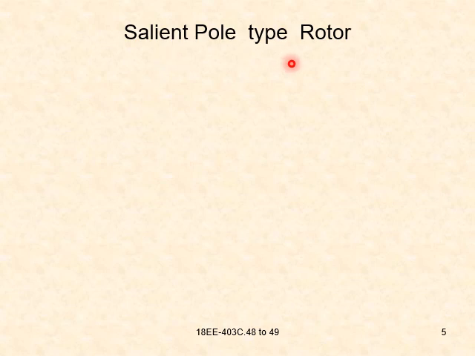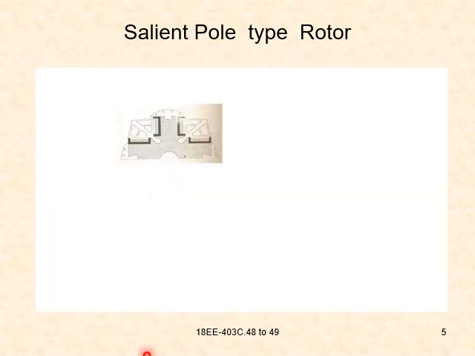Firstly, we'll see the salient pole type of rotor. Here you can see a salient pole type of rotor, in a half sectional view. This is one pole and this is the other. There will be another pole at the bottom, and this is the other.